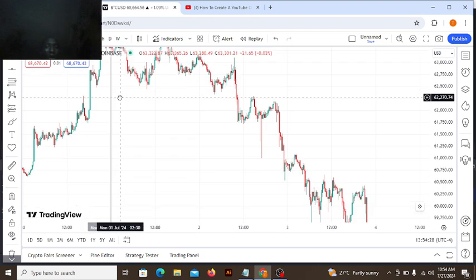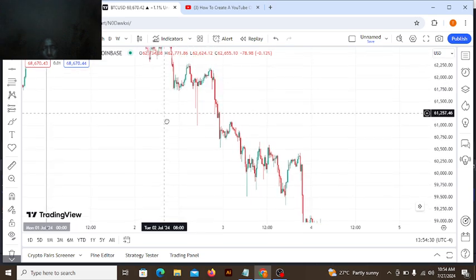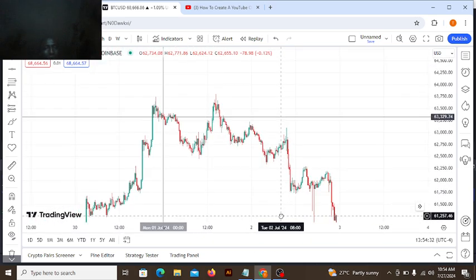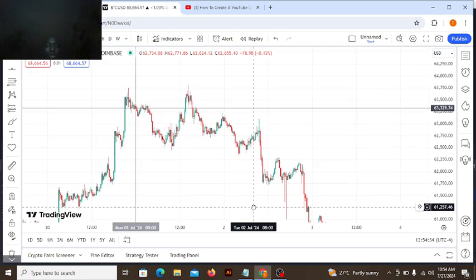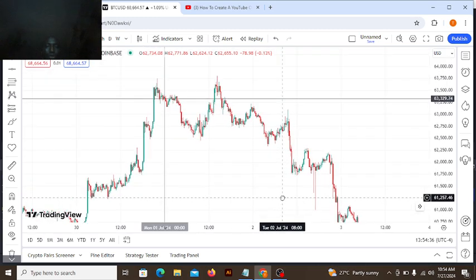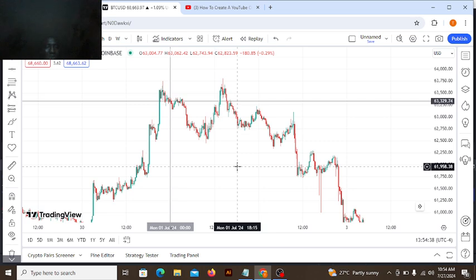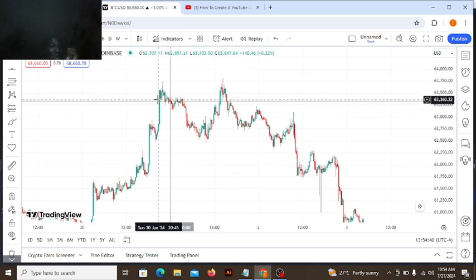But how do you catch the most out of the pips you are looking for? You understand? In this scenario, if you want to bank the 10,000 pips, that is, catch the highest pips in the market, we have to be using the higher time frame to scale our market.